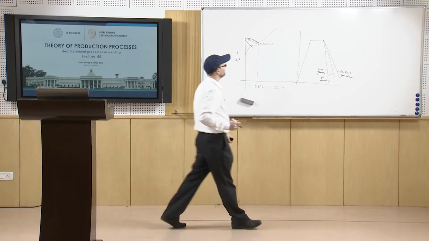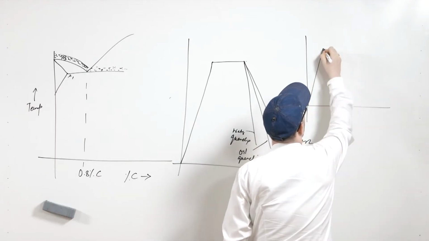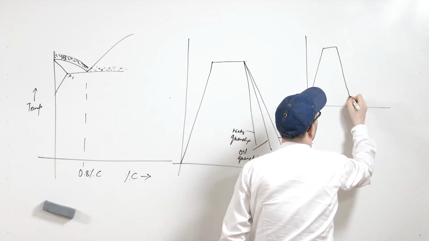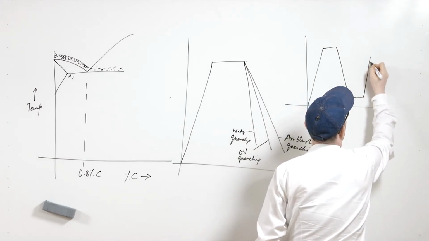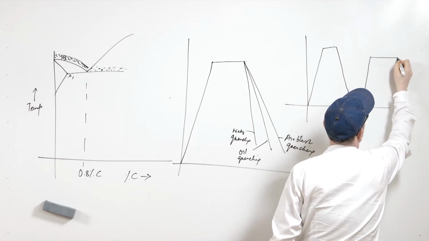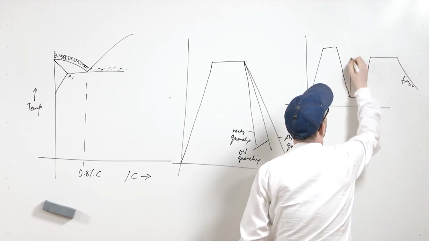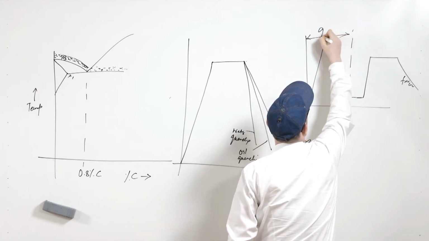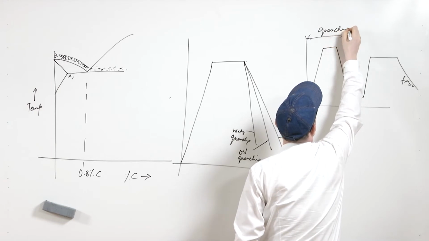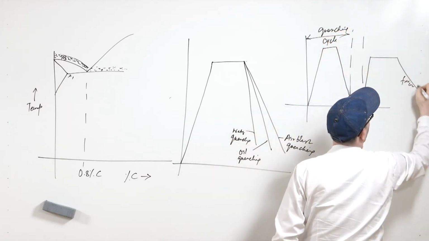So, if you look at the quenching and tempering cycle, you will have this as the quenching, and then further heating and then slowly, free cooling. So, this will be your quenching cycle, and further this will be your tempering cycle.